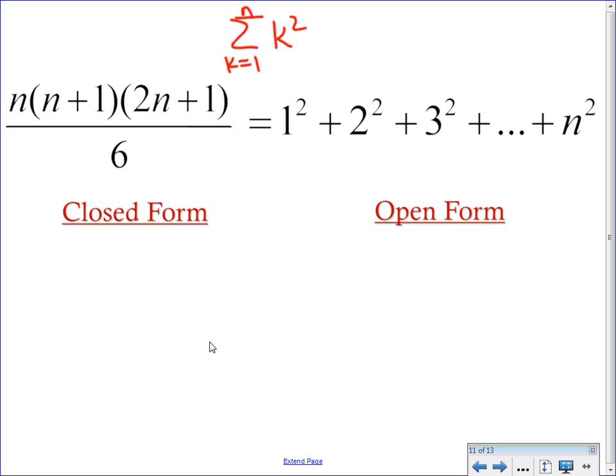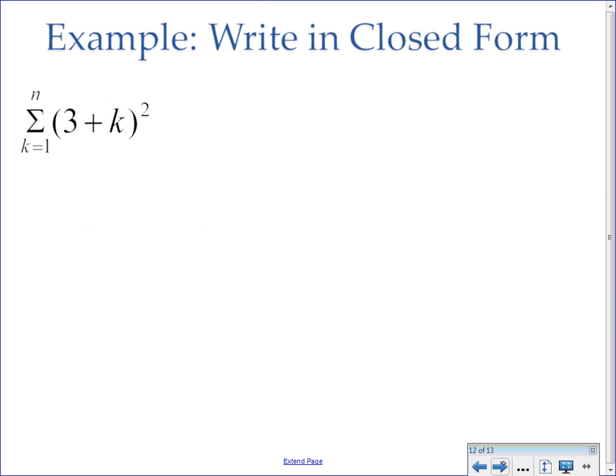Okay? You may be asked to write something in closed form, so you need to know that that means this as opposed to this. Okay? So for example, we want to write this in closed form.